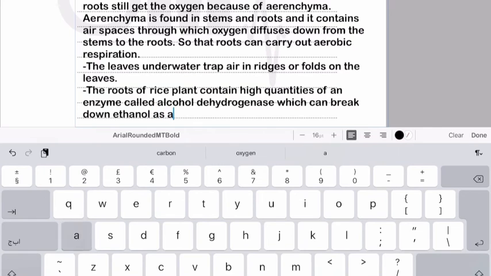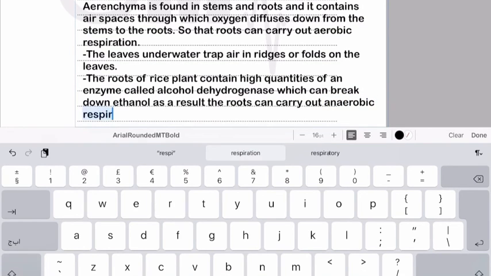As a result, the roots can carry out anaerobic respiration at high rates, because roots can tolerate high concentrations of ethanol.